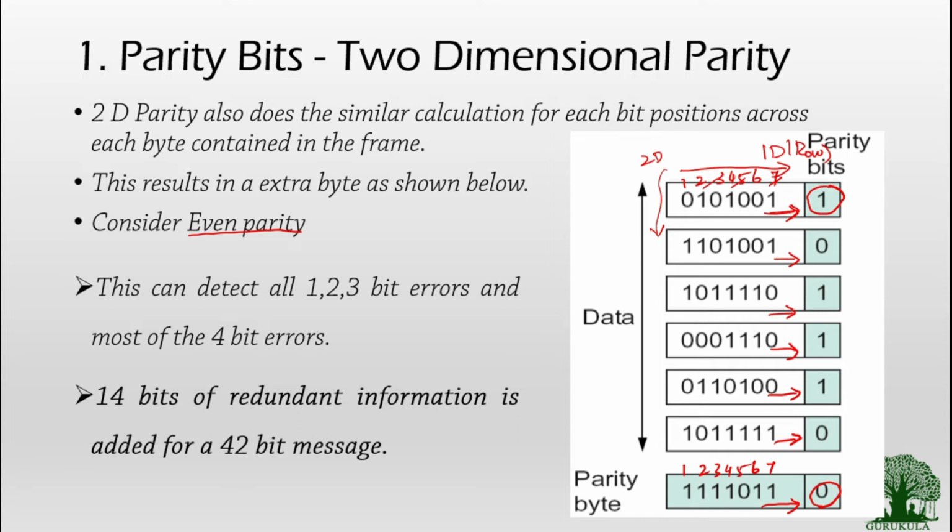But what is the drawback of this particular parity bit system? In this system, 14 bits of redundant information are required just to detect the presence of any error. Also, it is carrying only 42 bits of information. So, just to send 42 bits of information, it is required to send 14 bits of additional information.